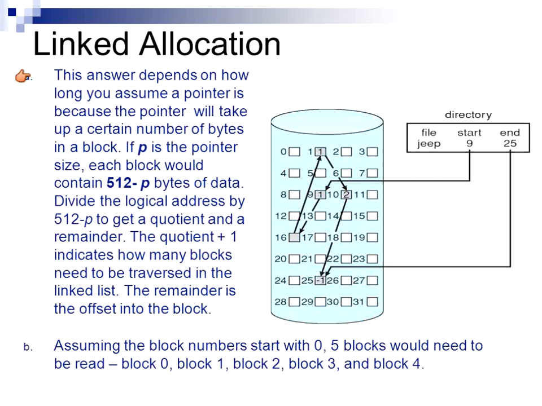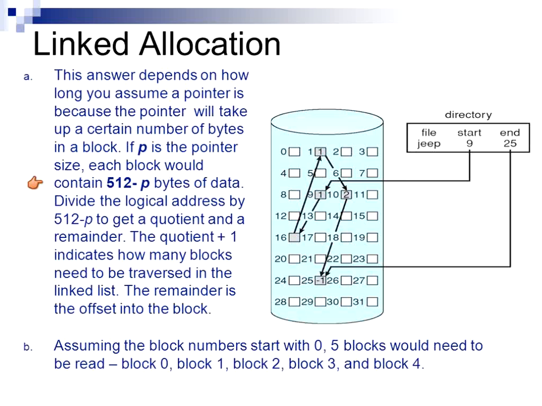But the amount of data you can store in a block would be something less than 512, because there would also need to be a pointer stored in each block. So if P is the size of the pointer, then each block would contain 512 minus P bytes of data.